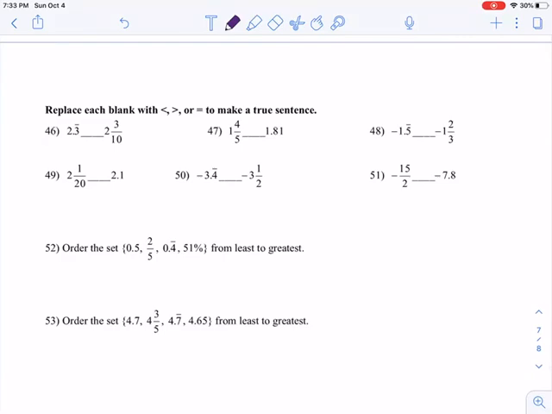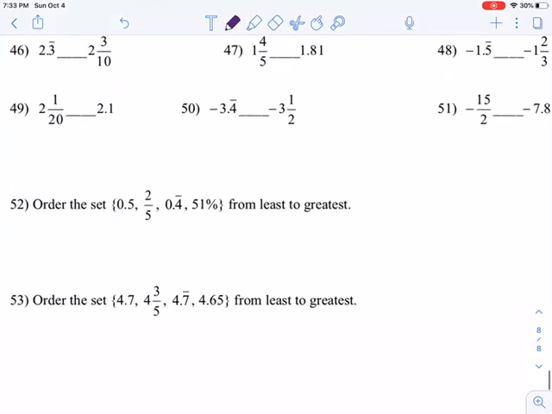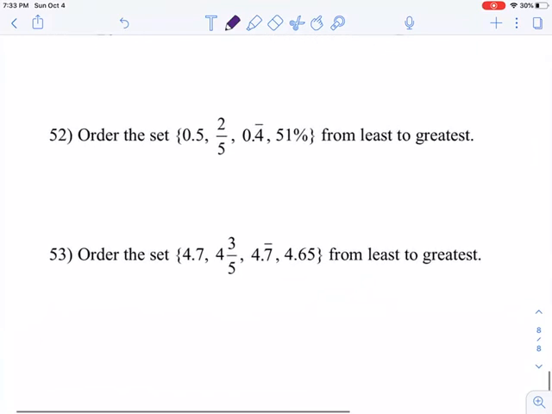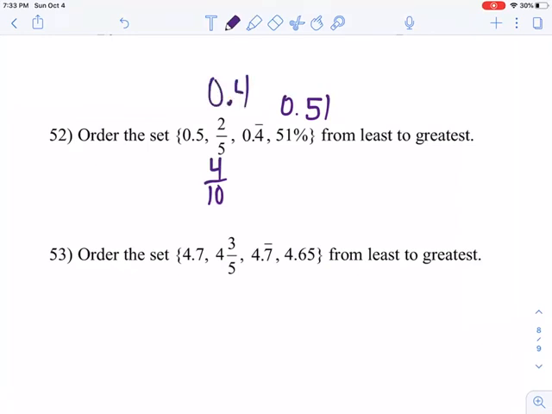Same with 52 and 53. You have different types of numbers there. You have decimals, fractions, and percents. You would want to turn them into all the same. So if you want to do decimals, that would be like that. 2/5 you can change to out of 10. That would be 4/10, so 0.4.